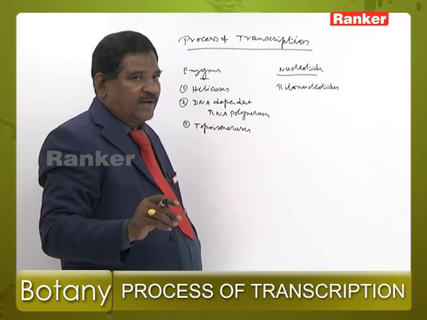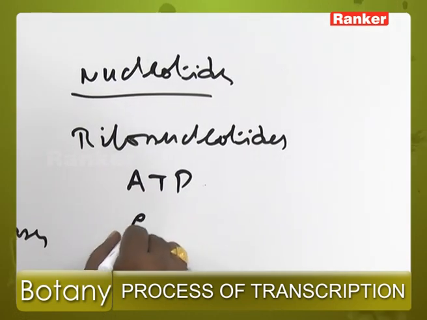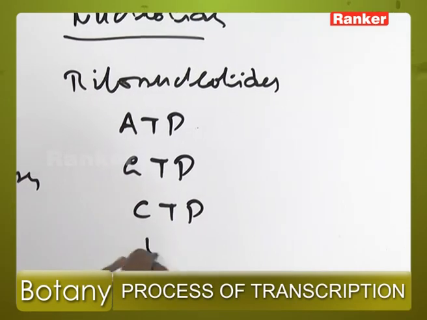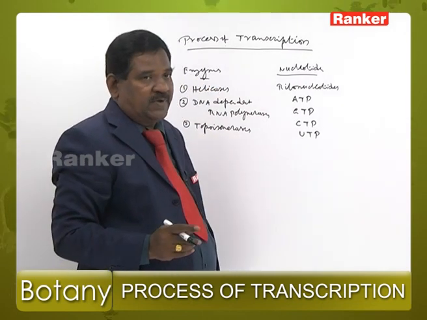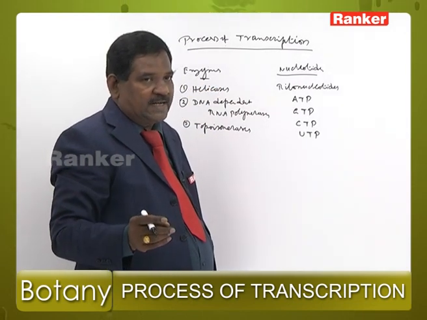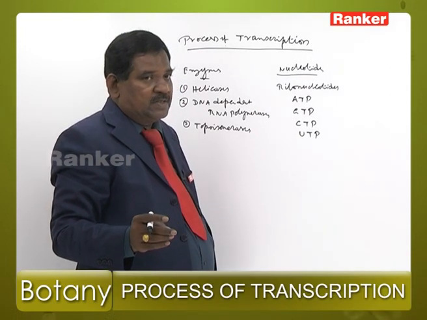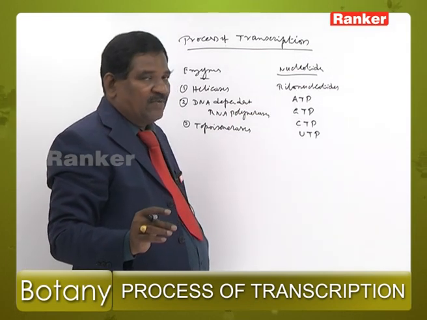Ribonucleoside triphosphates, that is ATP, GTP, CTP, UTP: adenosine triphosphate, guanosine triphosphate, cytidine triphosphate and uridine triphosphate. That means ribonucleoside triphosphates are required.